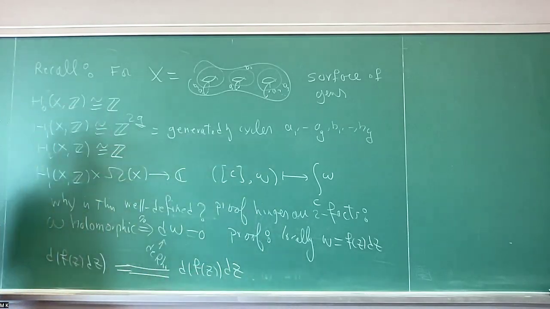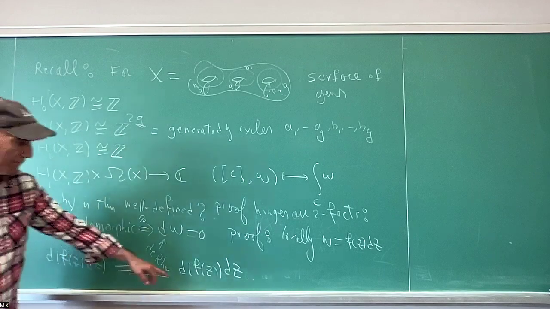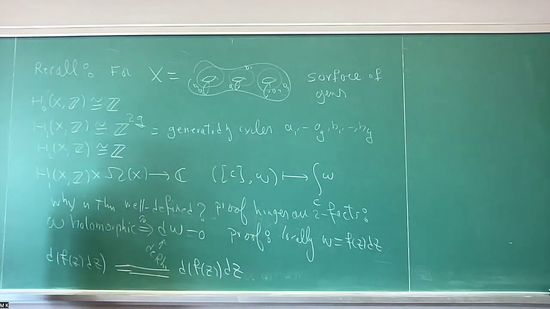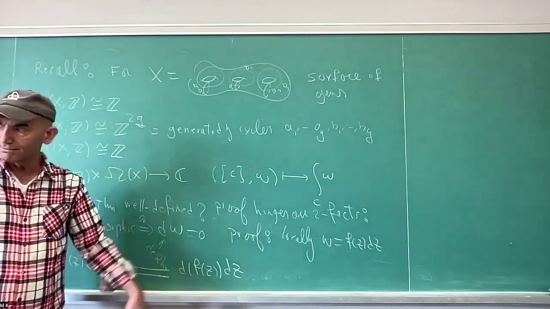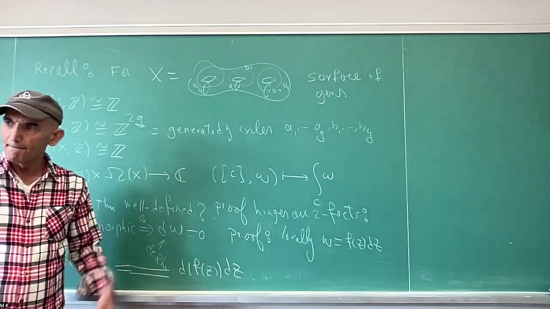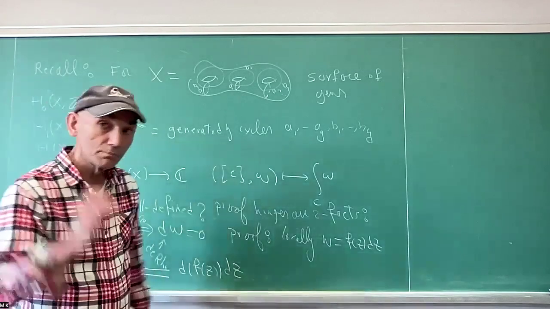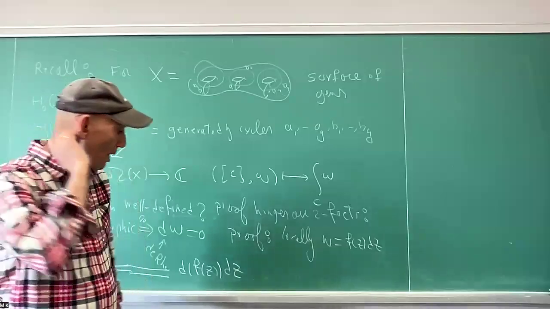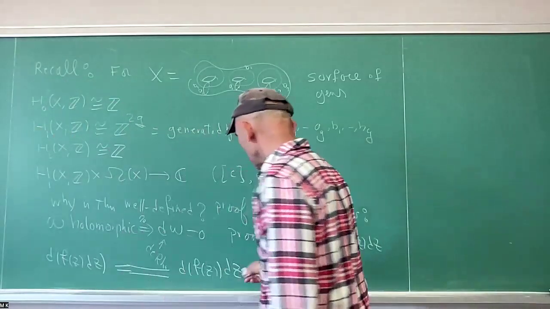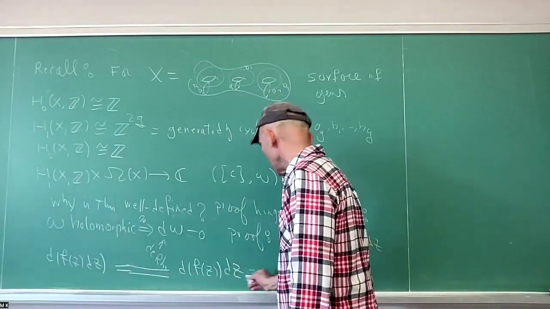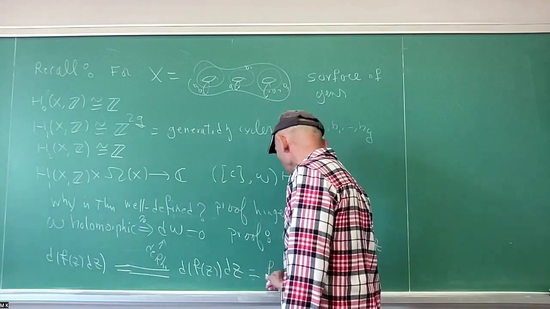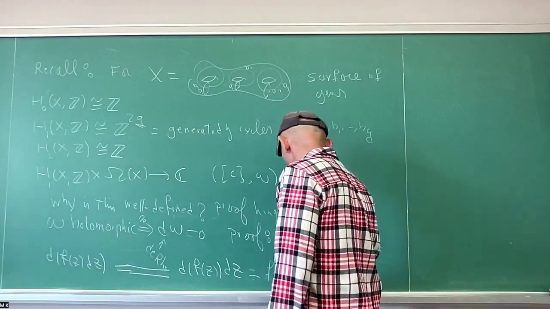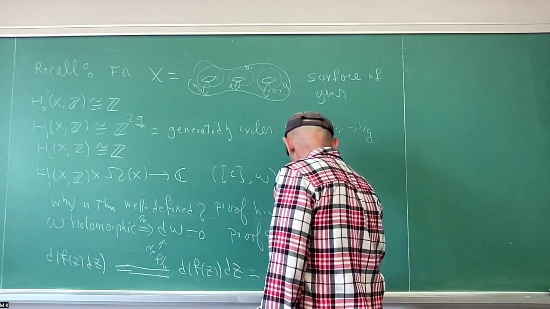First of all, this is the definition of the de Rham d in general. Because d of d is zero, you have to take d of the coefficient only, which is a function. Now, what is d of f of z? This turns out to be equal to f prime of z dz, and then you are wedging with dz.